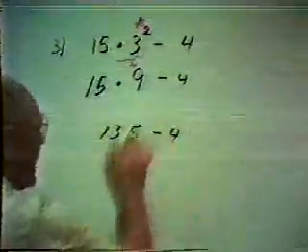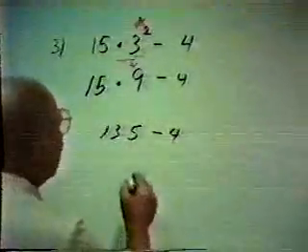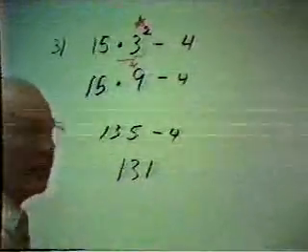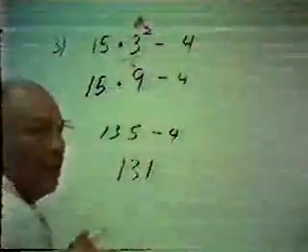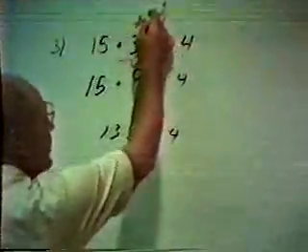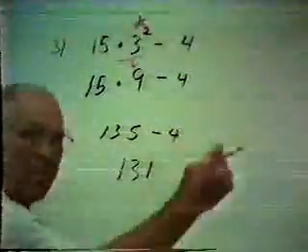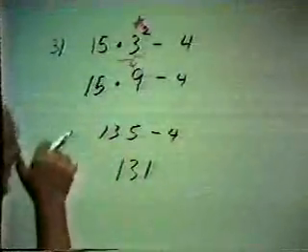I've eliminated now my multiplication and stuff. Now I'll take care of the addition and subtraction, so I finally wind up with 131. All right, now again, this problem had a power in it. You must take care of this operation before you can go to step number 2. Remember, step 1, step 2, step 3. Okay, let's look at example number 4.